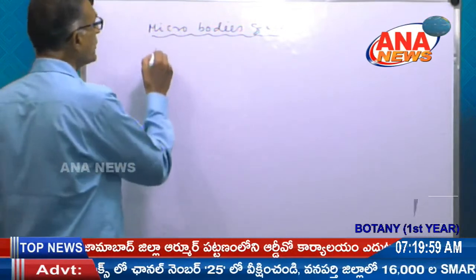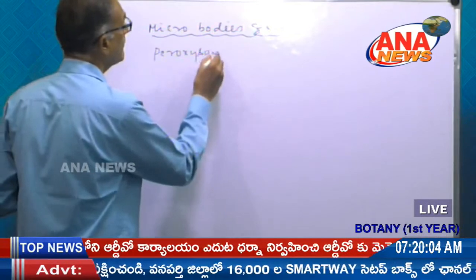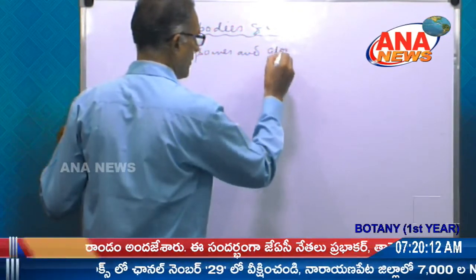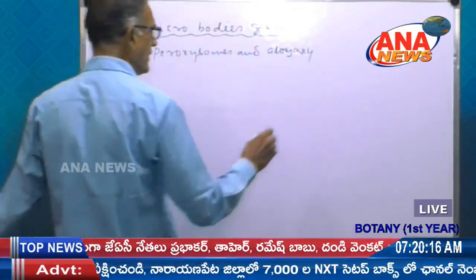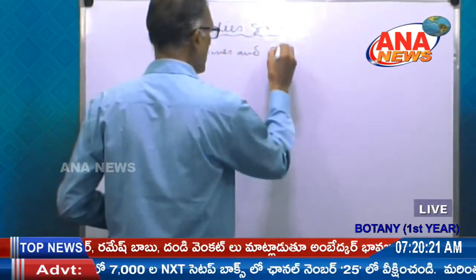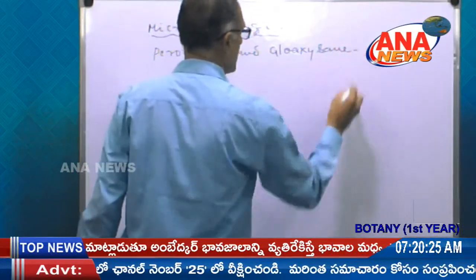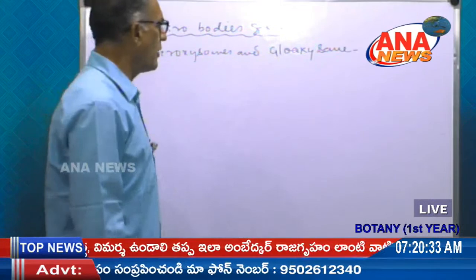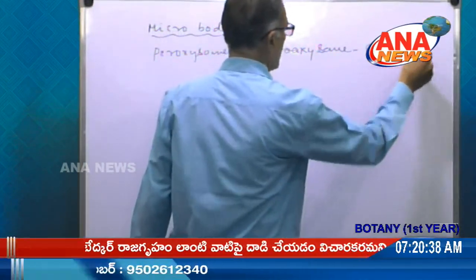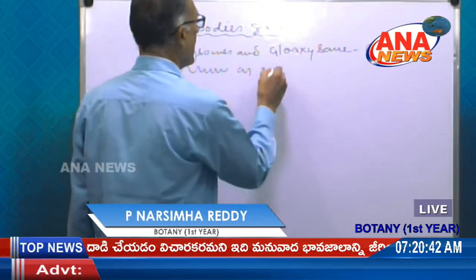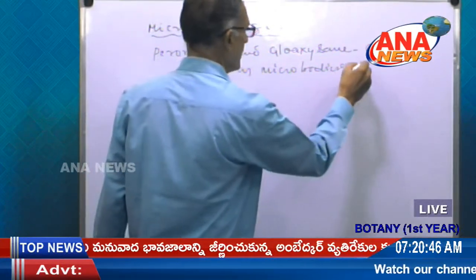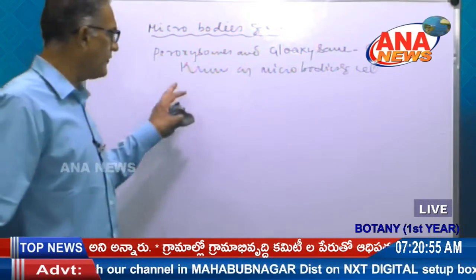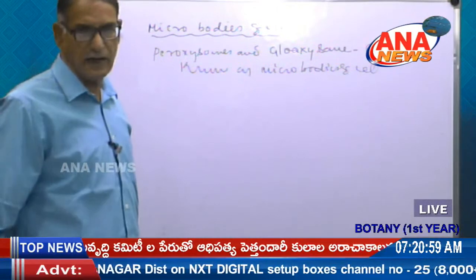So, the peroxisomes and glyoxysomes. The membrane-bound peroxisomes and glyoxysomes are commonly known as microbodies of the cell.